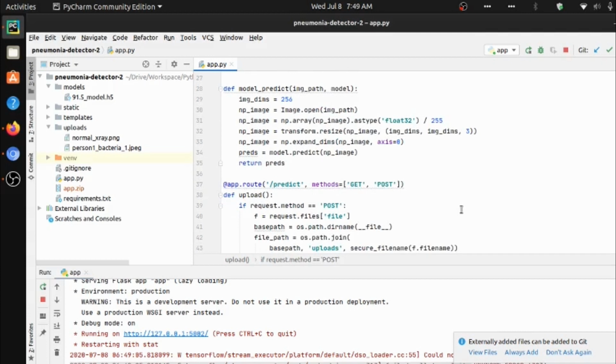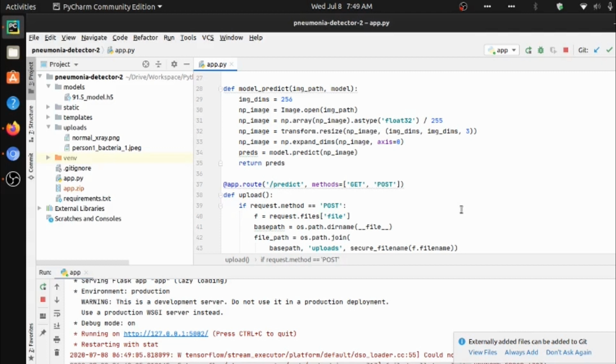Preds returns a probability, a value ranging from 0 to 1 that signifies whether a chest x-ray scan is pneumonic or not. The more the value is towards 1, say 0.75, 0.8 or 0.6, the more chance of contracting pneumonia.